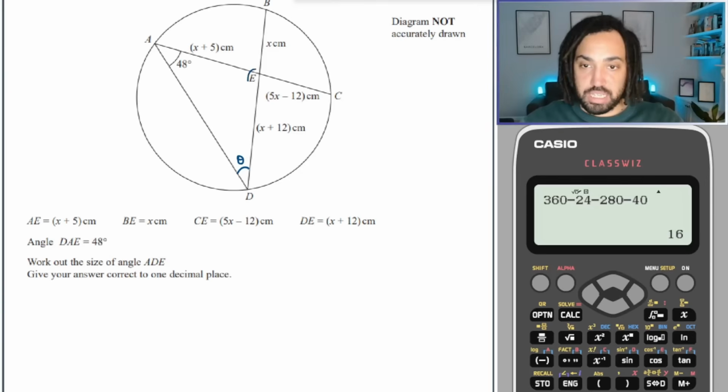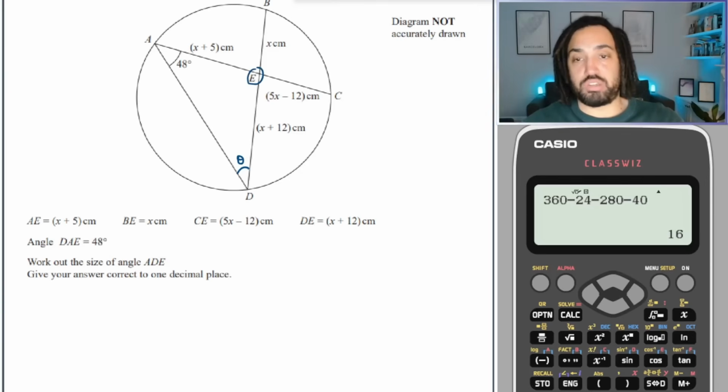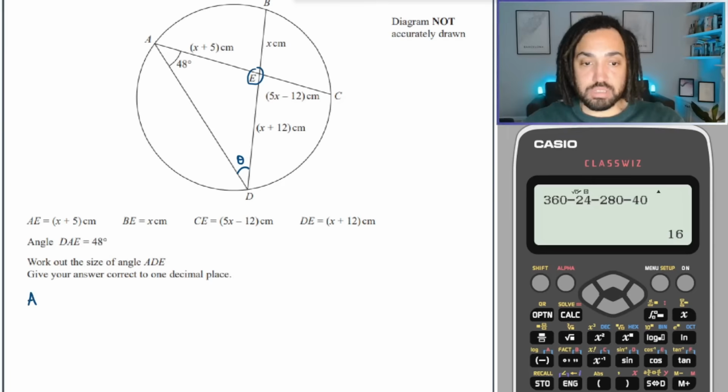This is the intersection point, so I must make sure I use that in every term of the theorem. So that's AE times by CE is equal to BE times by DE.